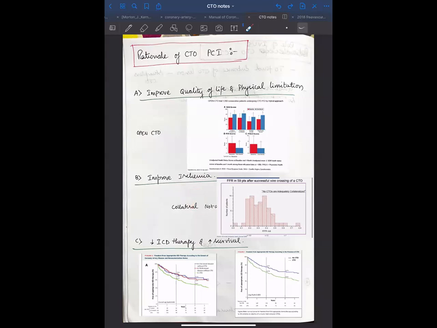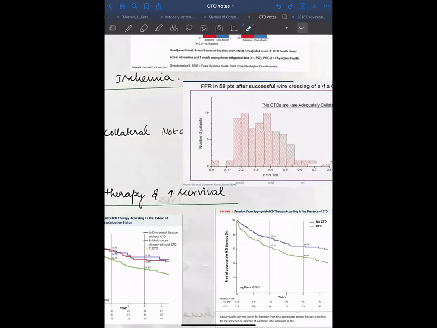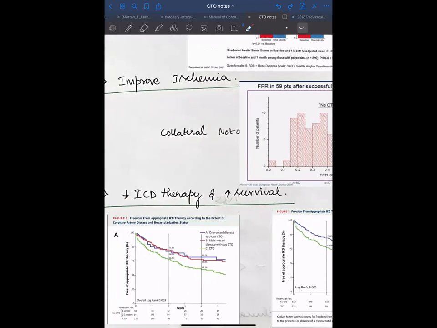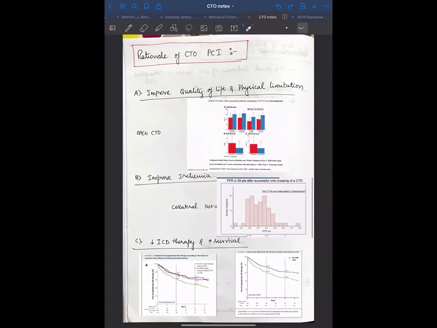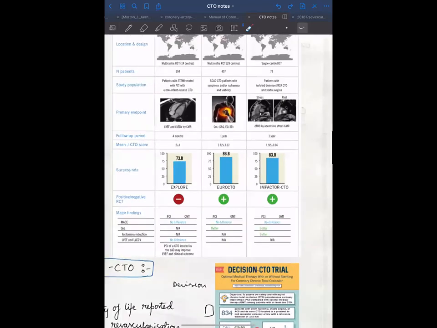And in one study on secondary prevention ICD, they found that CTO is an independent marker of appropriate ICD therapy, and they also saw that survival was better with revascularization of CTO, especially in patients who were on secondary prevention ICD. So there are multiple trials. I'm not going to go through them, but this picture has summed it up very nicely.